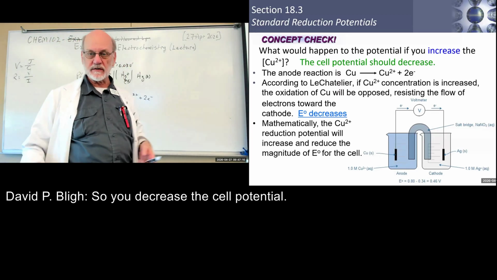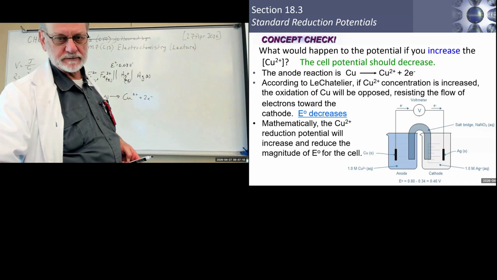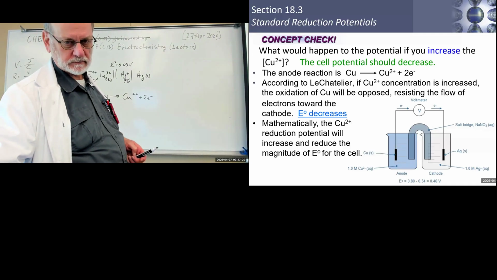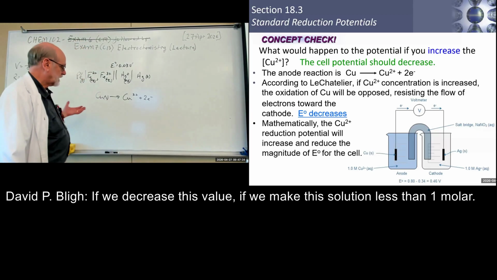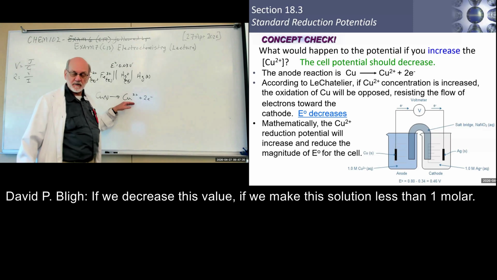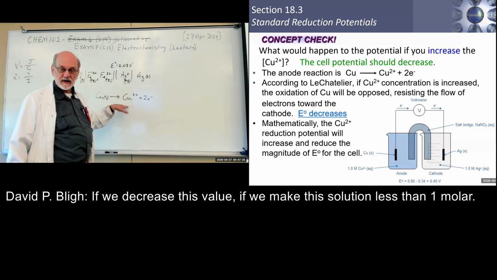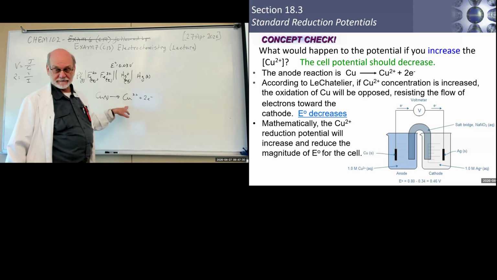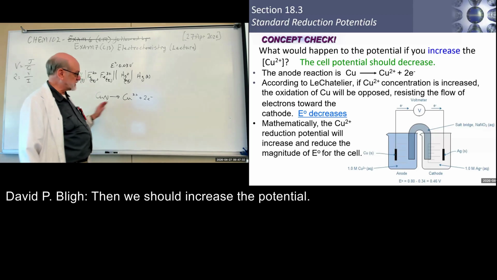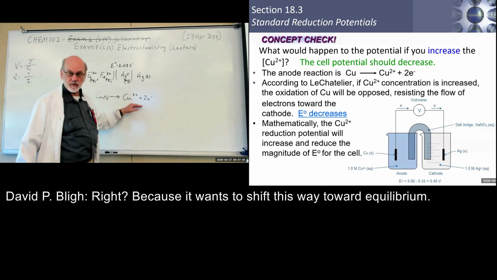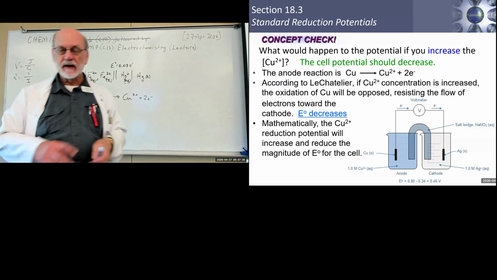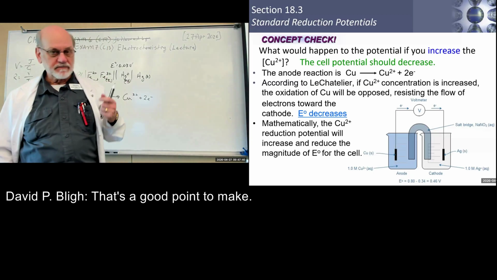So you decrease the cell potential. So vice versa. If we decrease this value, if we make this solution less than 1 molar, then we should increase the potential, right? Because it wants to shift this way toward equilibrium. That's a good point to make.